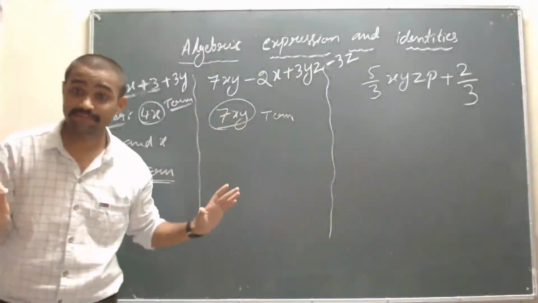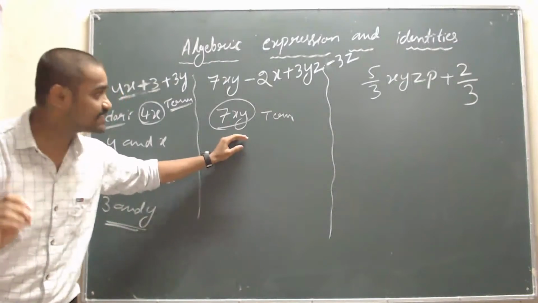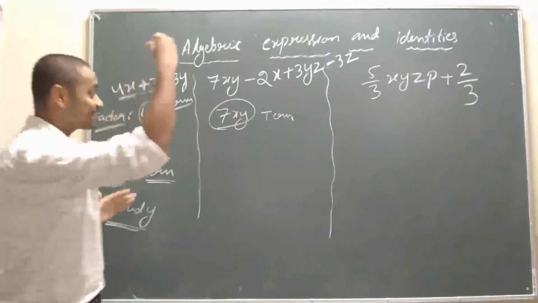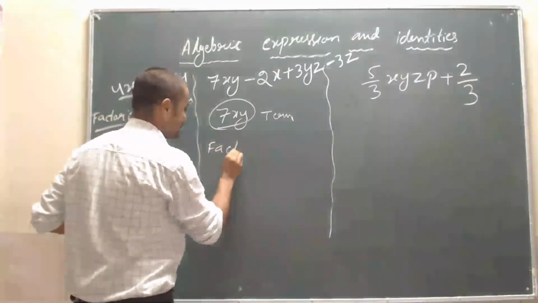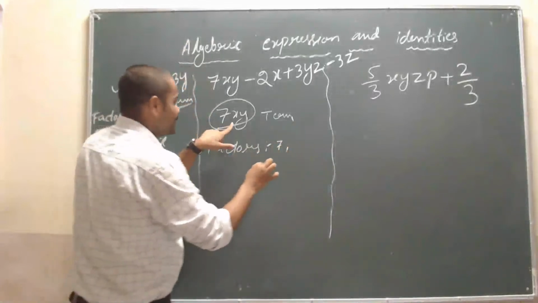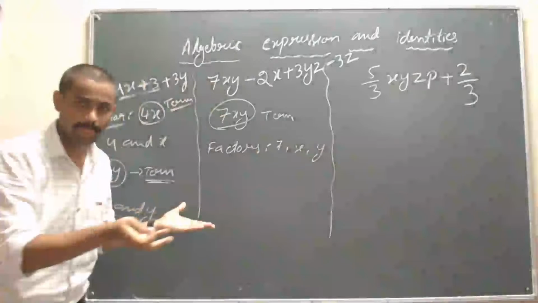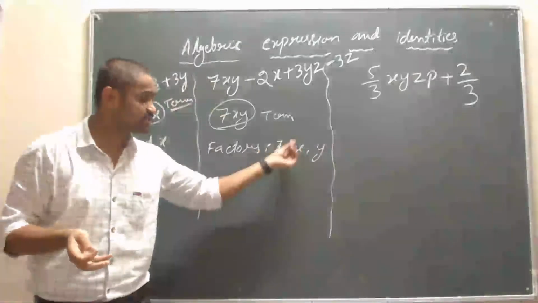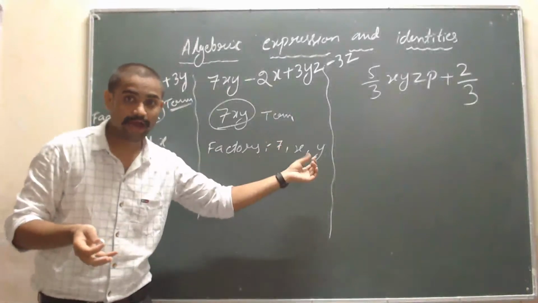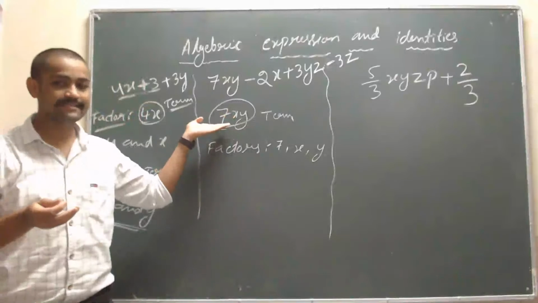Then what are the factors? We know the term is made up of a product of factors. The factors here are 7, x, y. It is a product of 7 and x and y. That is, 7, x and y are the factors, and the product will give the term. What is the term? 7xy.